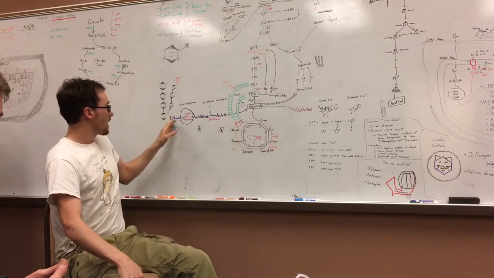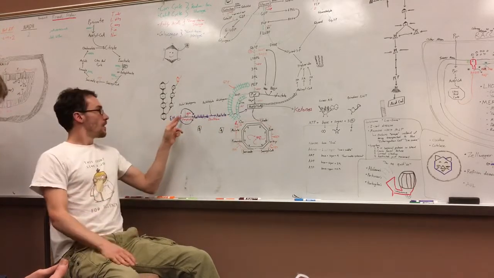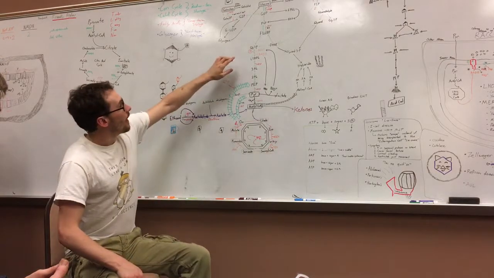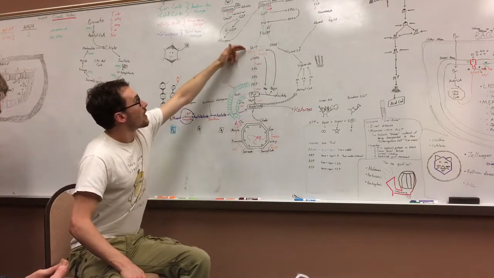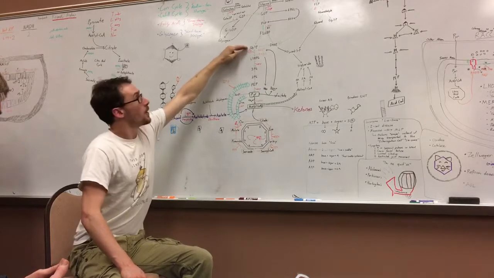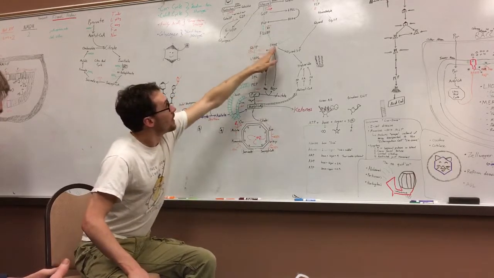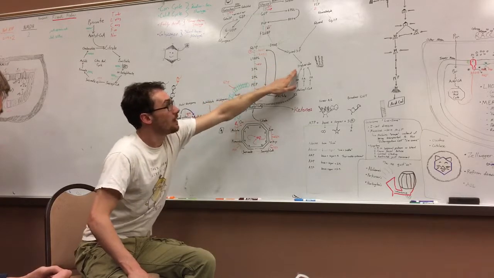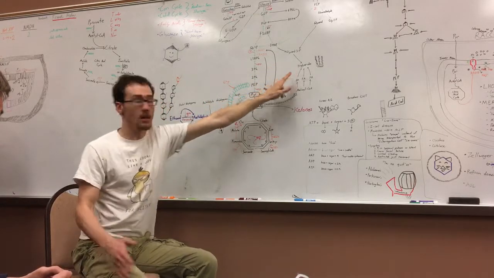Okay, so ethanol produces NADH, all right? That's going to cause glyceraldehyde 3-phosphate to prefer to go to dihydroxyacetone, glycerol 3-phosphate, and triglycerides, right?